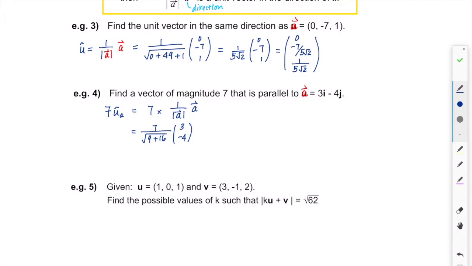If we like, we can write it back into component form. So 7 over 5 we said, right? So 21 over 5 i, and then minus 7 times 4, 28 over 5 j, that is. Okay?